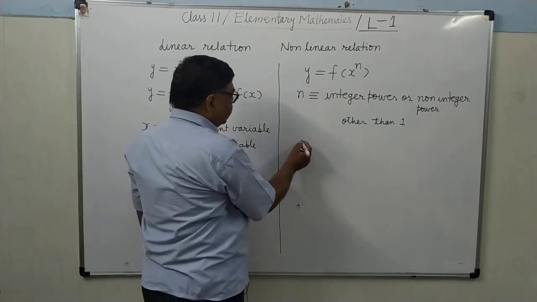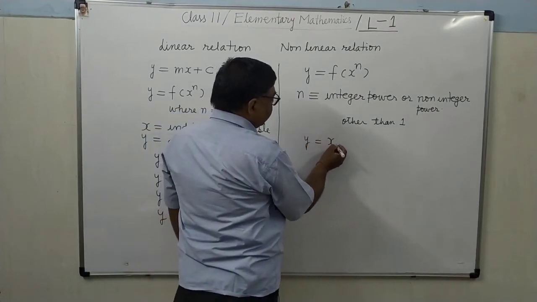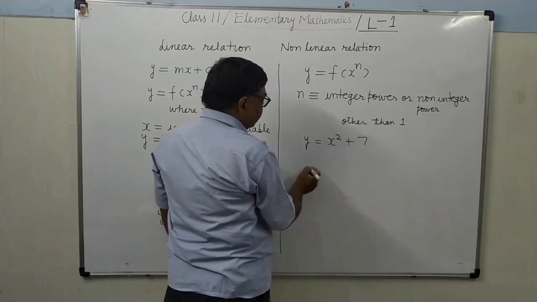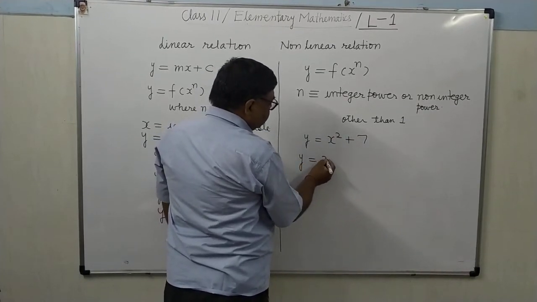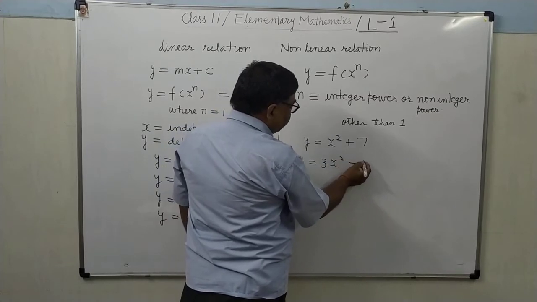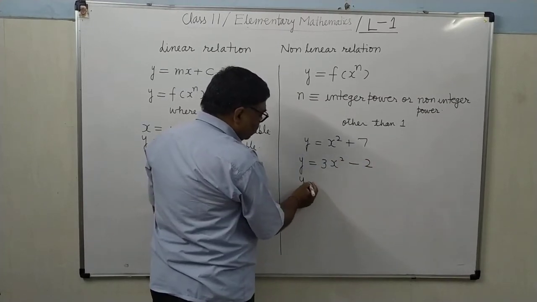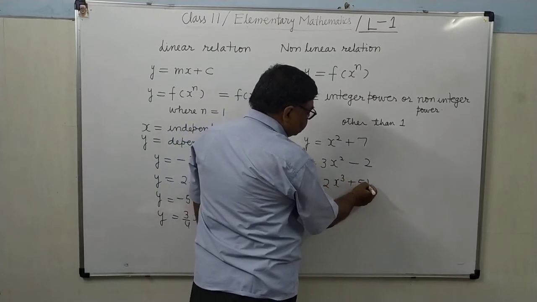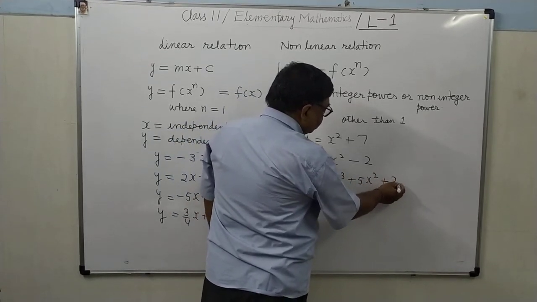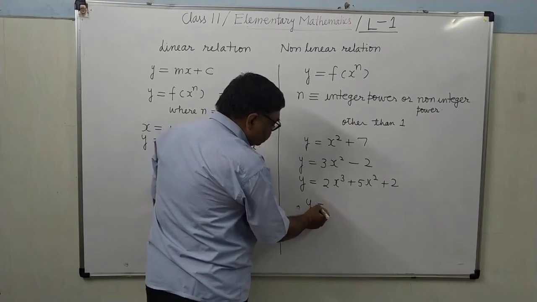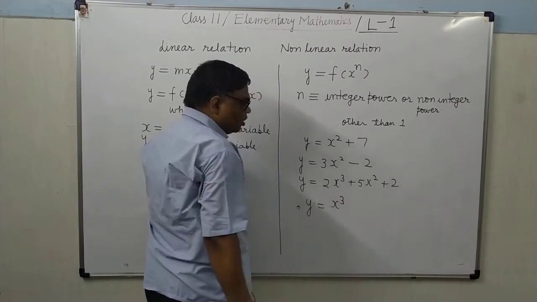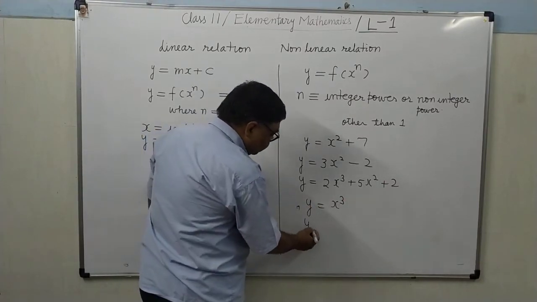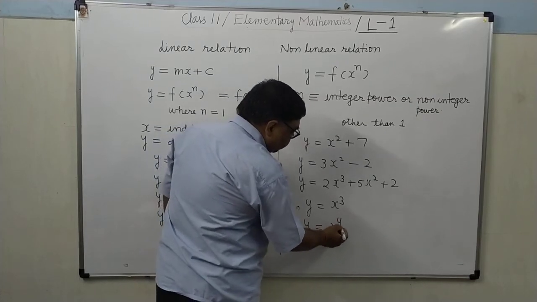Means I am writing here some: y equals x square plus 7, y equals 3x square minus 2, y equals 2x cube plus 5x square plus 2, y equals simply x cube, y equals x to the power 4.